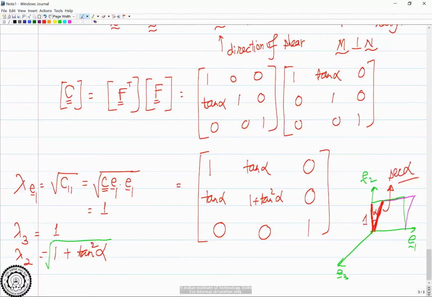So how much is the stretching? That's sec alpha. So lambda is sec alpha. Final length by initial length is sec alpha. Okay, but the line elements along E1 and E3 do not undergo any change in length.